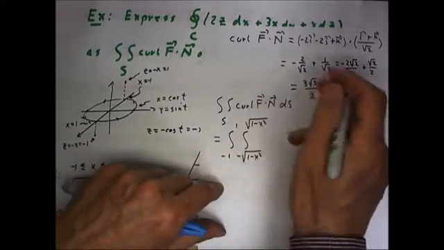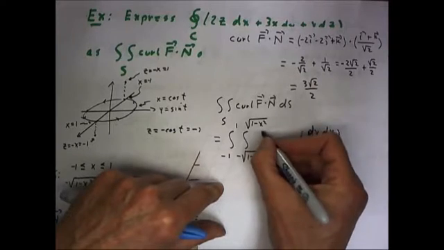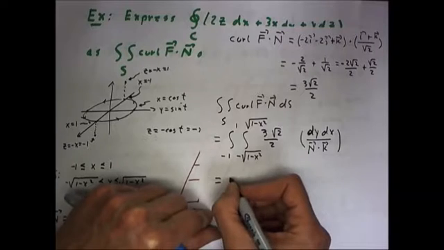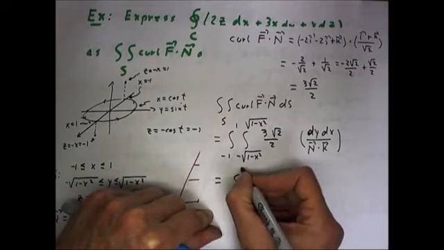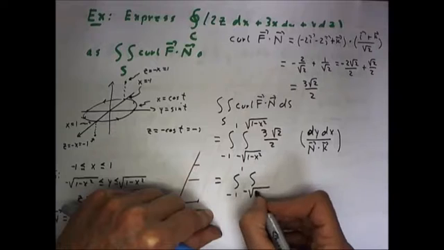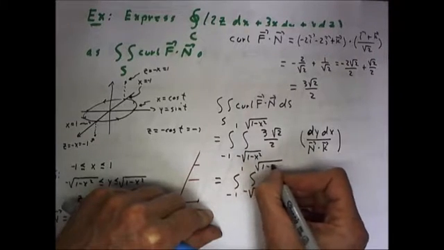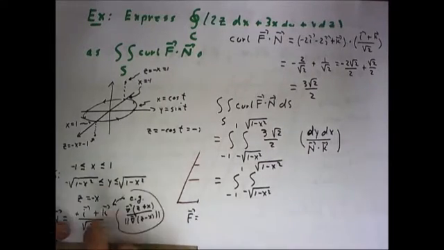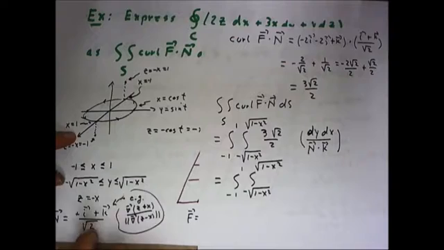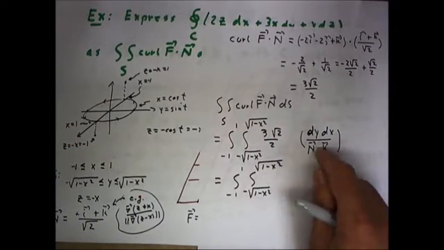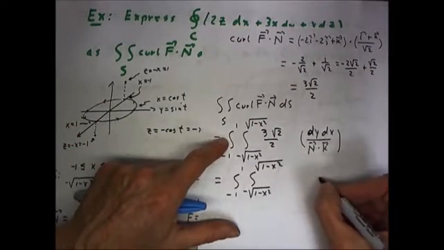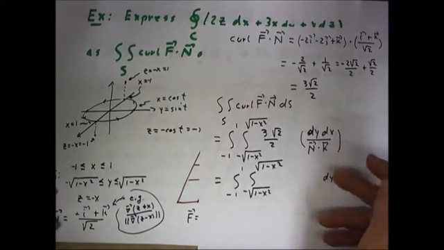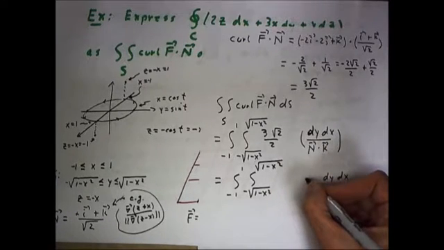And what we're integrating is just the curl of f dot n, which is 3 times the square root of 2 over 2. So we have the integral from negative 1 to 1 of the integral from negative square root of 1 minus x squared to the square root of 1 minus x squared of dy dx. n dot k is just square root of 2 over 2, so we're going to have dy dx, and 1 over the square root of 2 has reciprocal square root of 2.